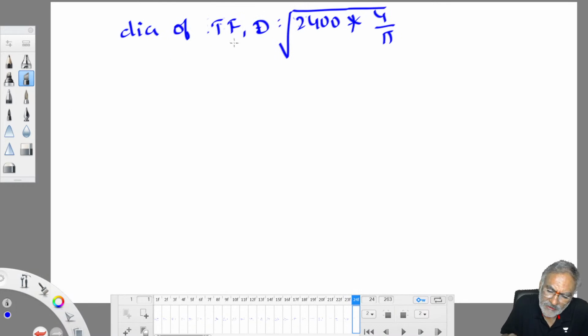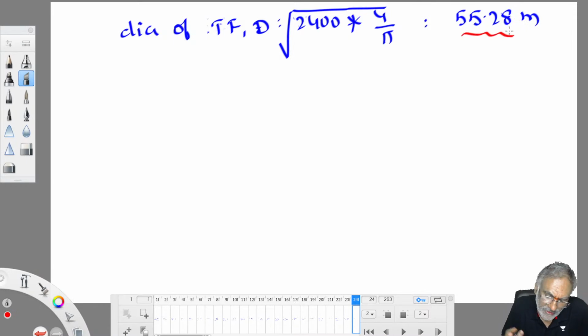So root of 2400 into 4 by pi is 55.27, rounded to 55.28 meters.